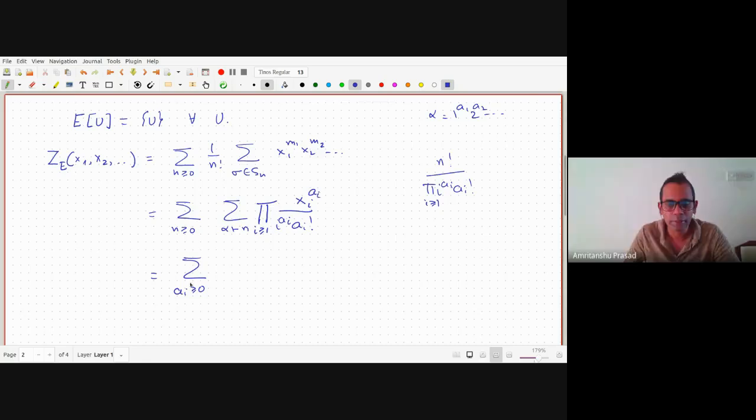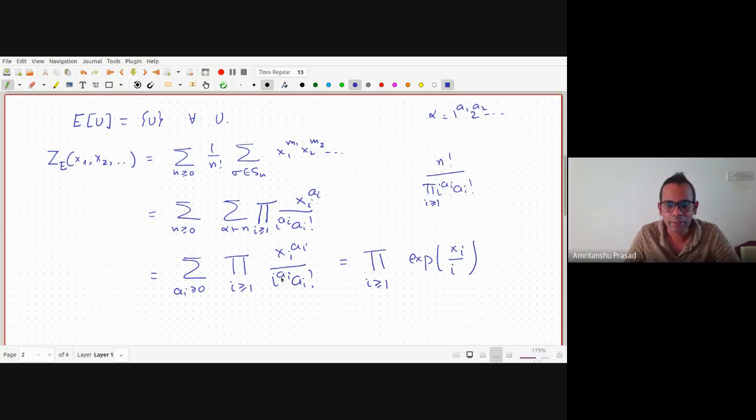And so now you forget about this n. You just take, you're summing over all ai greater than or equal to 0, product i greater than or equal to 1, xi raised to i raised to ai factorial, and then by distributivity, this is product i greater than or equal to 1, and then you have summation xi raised to ai by ai. So this is exponential of xi by i.